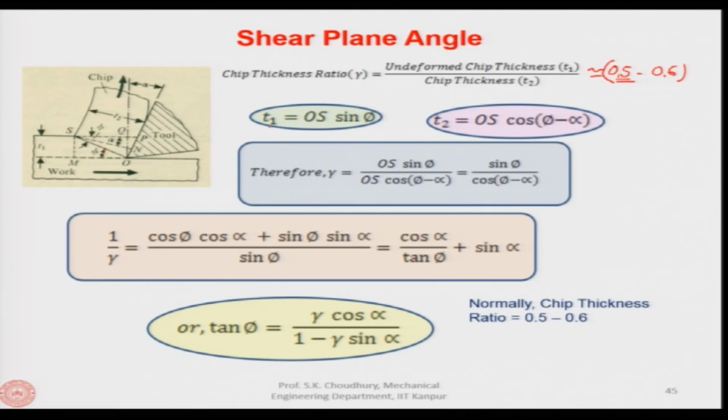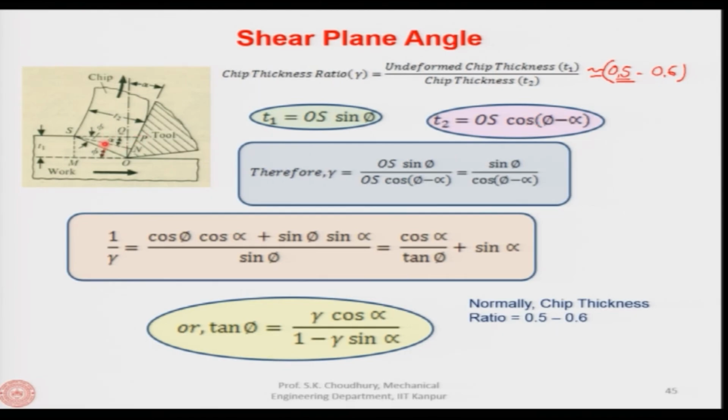Now, T1 from this figure you can find out that this is OS into sine of this angle. So, this is the T1. Similarly, from this triangle you can find out that T2 is OS into cos of this angle, and this angle is phi minus alpha.